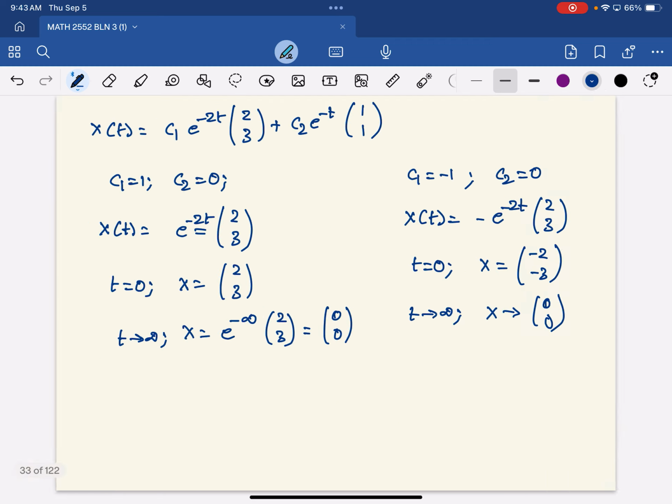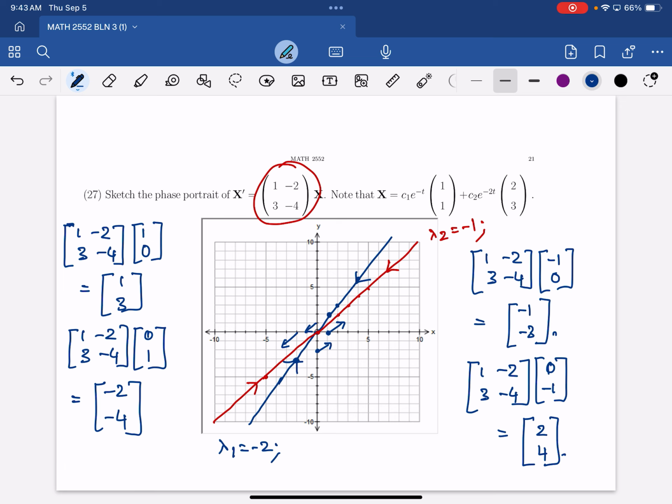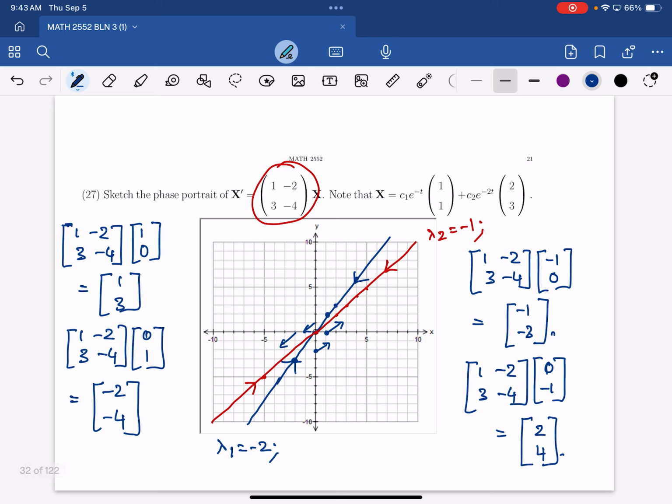So now what I said at that time was, when the solution is near 0, it is influenced by the eigenvalue lambda equals negative 2. So that means it is really starting out. So when it is going to 0, it is influenced by lambda equals negative 2 here, and as the solution becomes unbounded, it is influenced by the negative 1 eigenvalue.